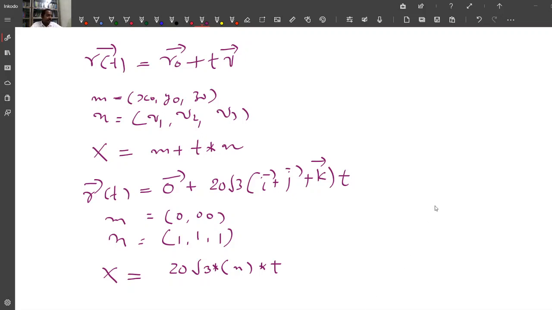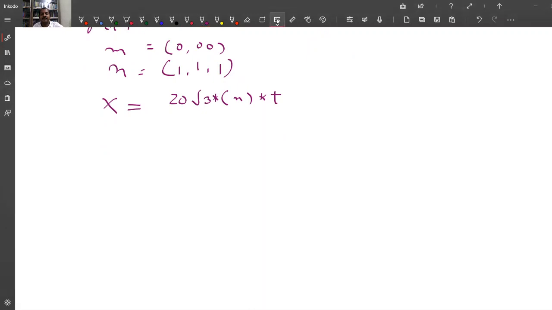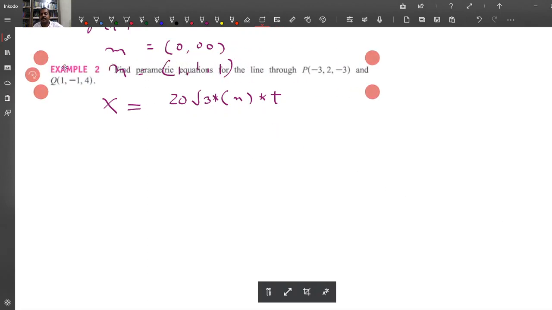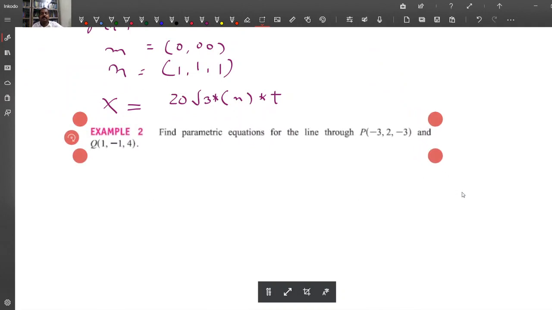Now consider the next question. You can also plot the previous examples. For example, consider the first problem: the parametric equation of the line through P(-3, 2, -3) and Q(1, -1, 4).